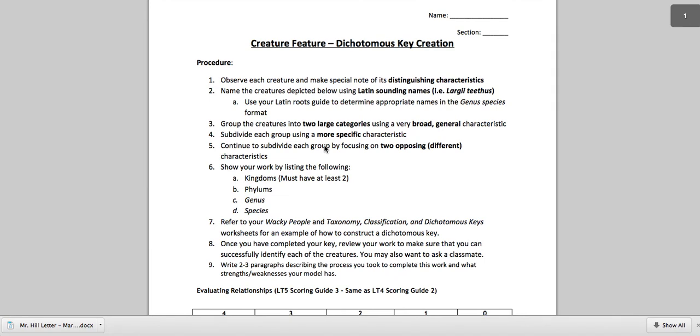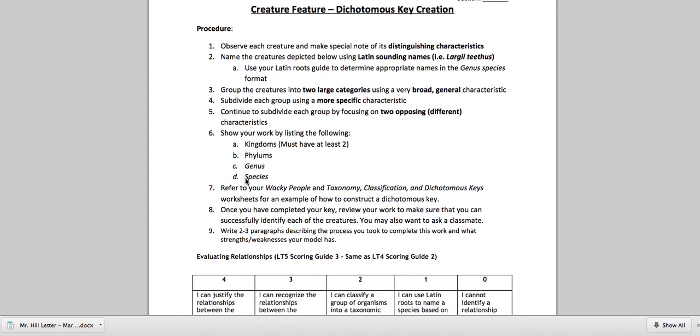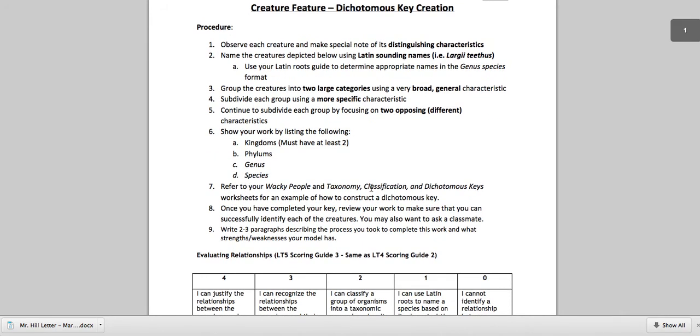And you're going to have to categorize them into those different classification schemes based on the characteristics that you observe. Okay? And then at the very end, you're going to construct a dichotomous key for me, which you guys have been using in class and you have plenty of examples of to refer to in order to make sure that you're doing it well. Okay? So, this is what I am looking for from you.